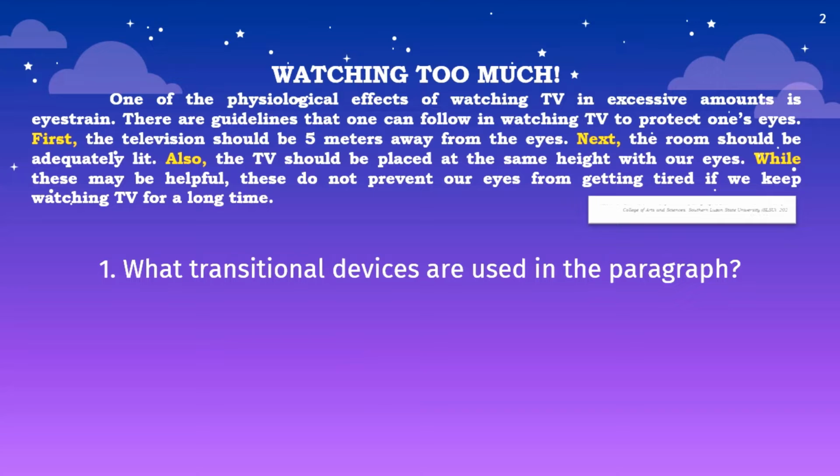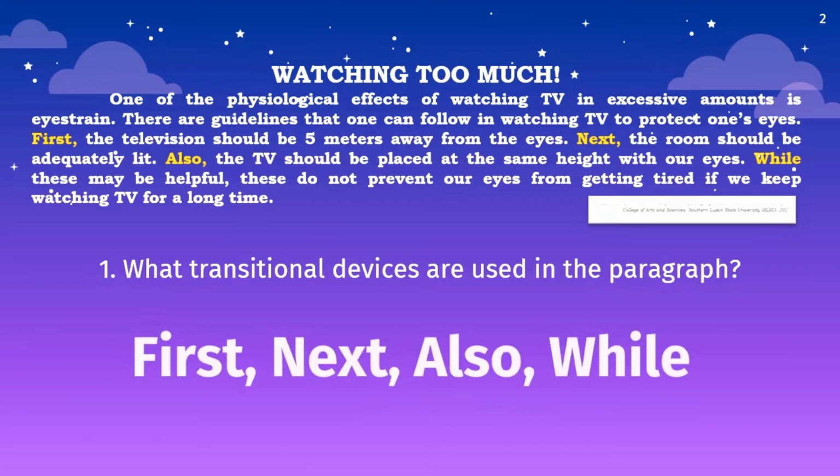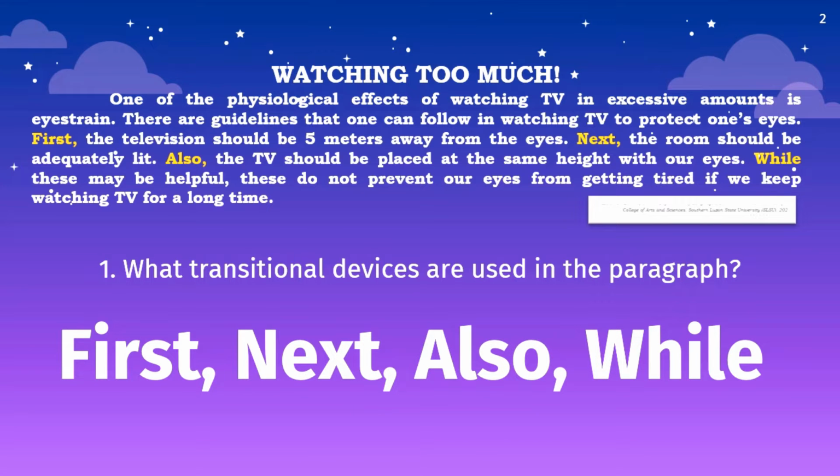Now, let's proceed to our first question. What transitional devices are used in the paragraph? The devices that being used in the paragraph are first, next, also, and while.